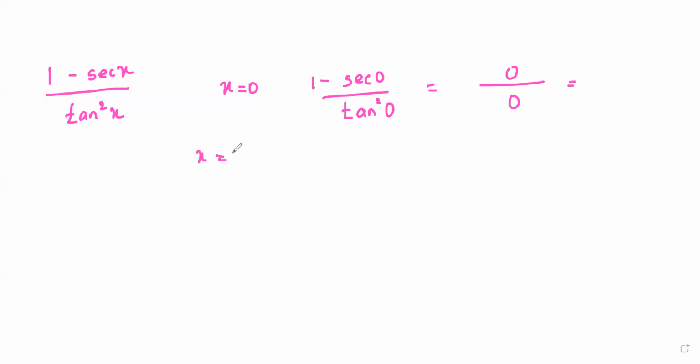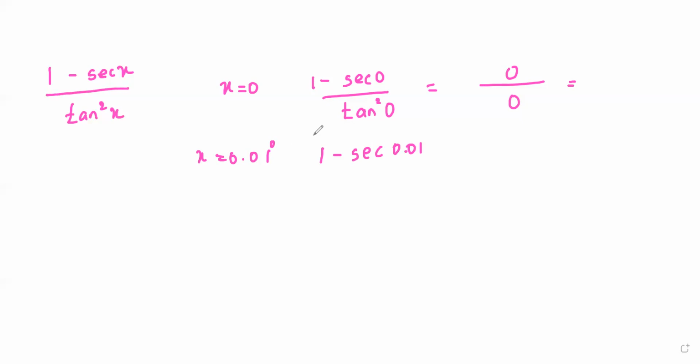So x is equal to 0.01 degrees. I'm going to use the calculator to get the answer. I'm going to write 1 minus 1 divided by cos 0.01.